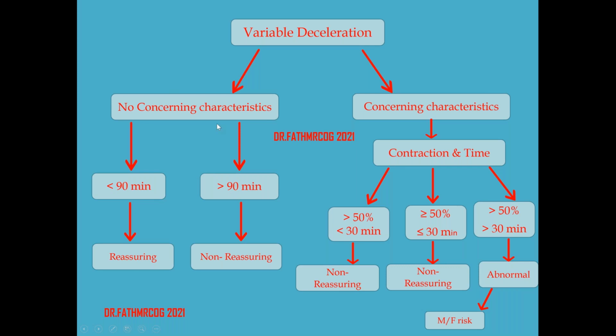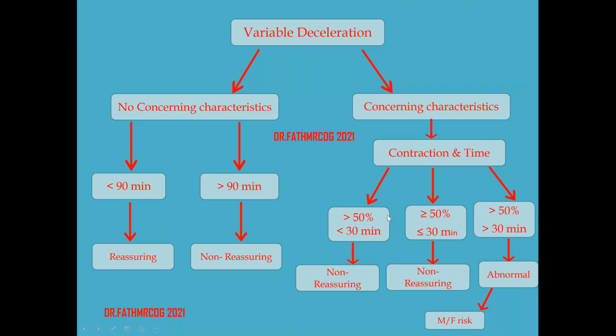This is regarding if there's no concerning characteristic. So if there's concerning characteristic, look for contraction and time. It's confusing, okay? Look for contraction, more than 50 or less than 50, and the duration, more than 30 or less than 30.